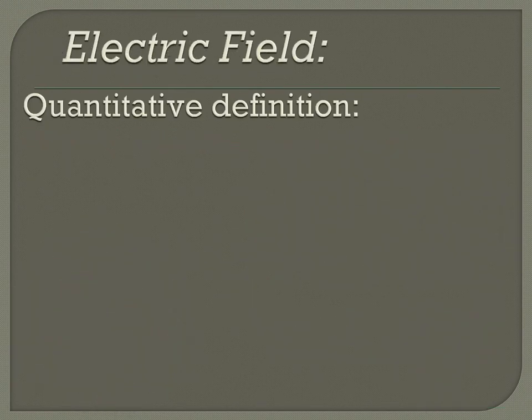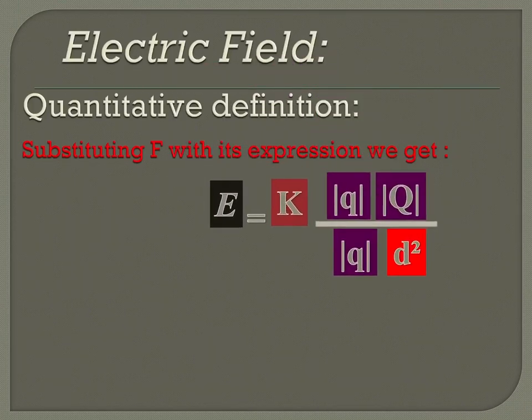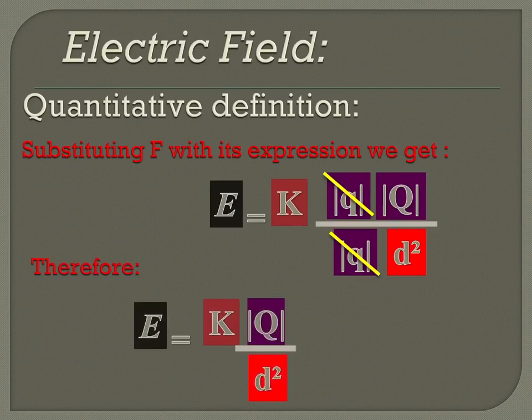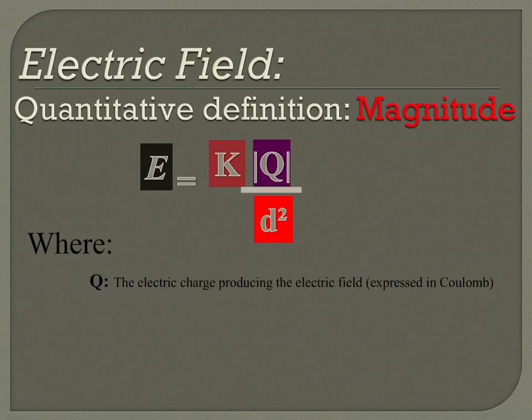Now, by substituting the electrostatic force in its expression, we may get the expression of the electric field strength, which is E equal to K multiplied by the absolute value of capital Q over d squared, where we have in this relation the capital Q, which is the electric charge producing the electric field, expressed in coulombs.